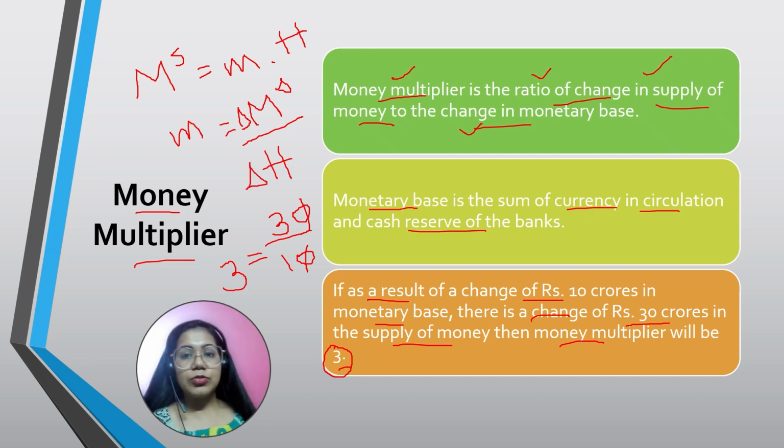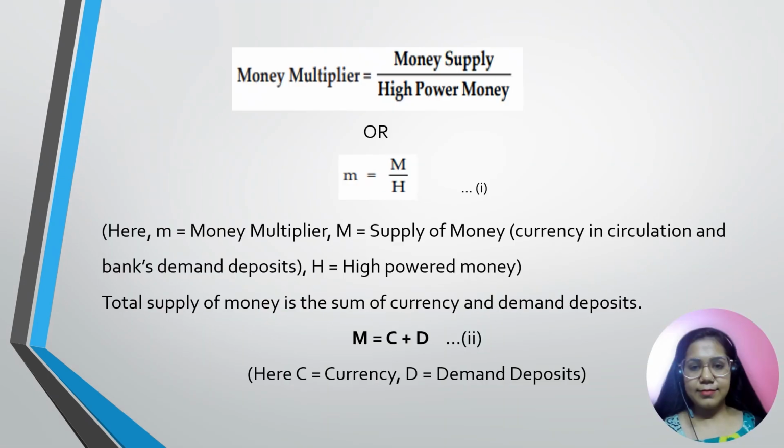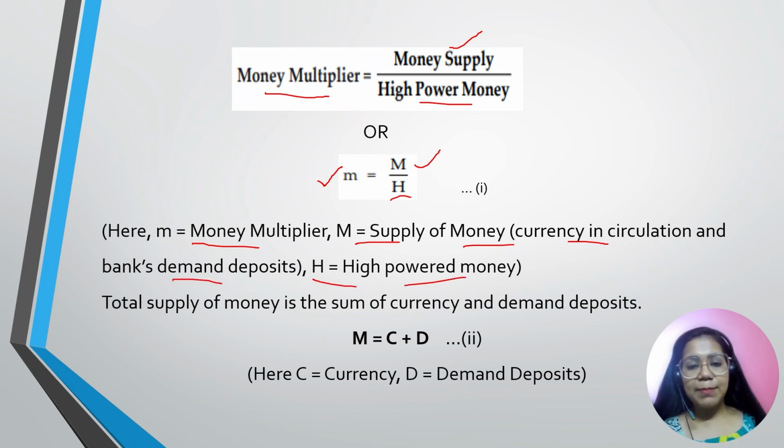Now let's go to the next slide and see the formula for the same. The formula for the money multiplier is money supply upon high powered money, or as I said before, m is equal to M upon H, where small m is the money multiplier, capital M is the supply of money, which includes currency in circulation and banks' demand deposits, and H denotes the high powered money.